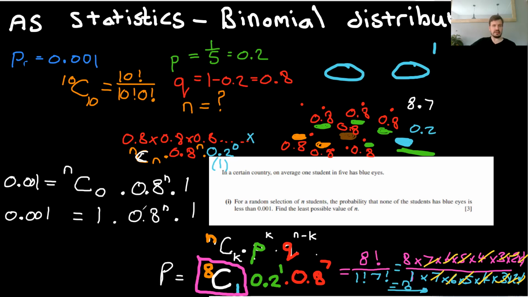Okay, so let's use our logs. We can get our calculator here, and we're going to say log. Just for simplicity's sake, this is 0.8 to the n equals 0.001. So the least value, right?